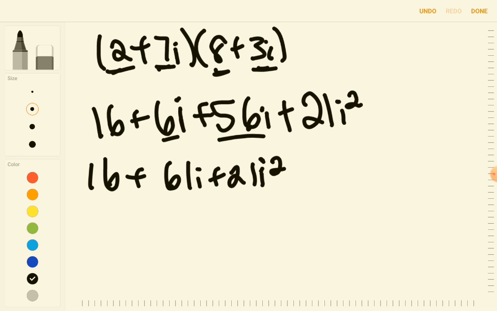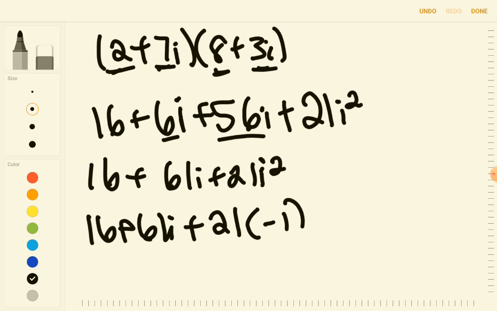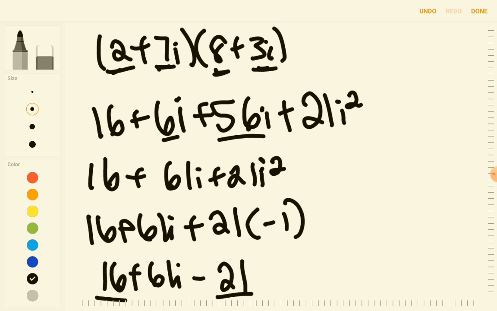Next, we notice that we have an I squared over here, and we know that that equals -1. So we could do 16 plus 61i plus 21 times -1. When we multiply, we get 16 plus 61i minus 21. And now we can notice that 16 and 21 combine, so we would be left with 61i minus 5.